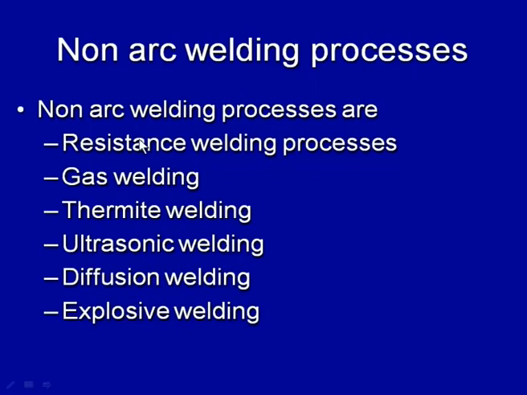So, these are welding processes where arc is not generated, but the heat required for developing the weld joint is obtained through electrical resistance heating, like in resistance welding processes.